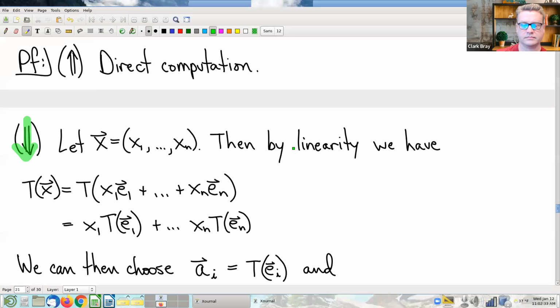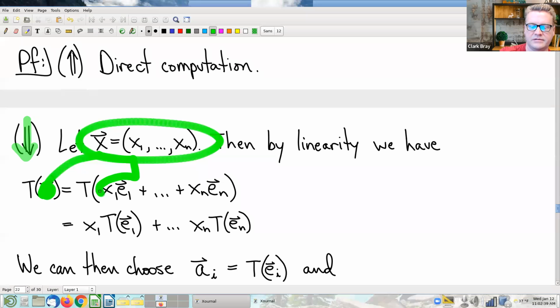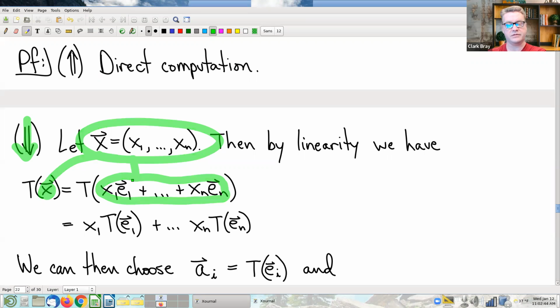Okay, well, the vector X is a linear combination of the standard basis vectors. In other words, coordinates are coefficients in linear combinations of the standard basis vectors.